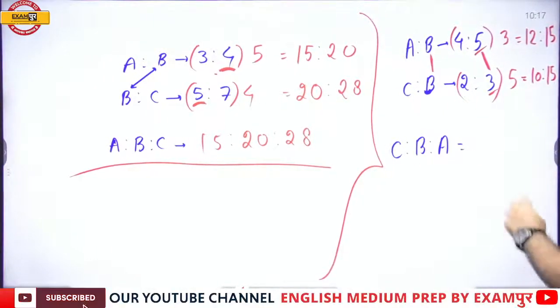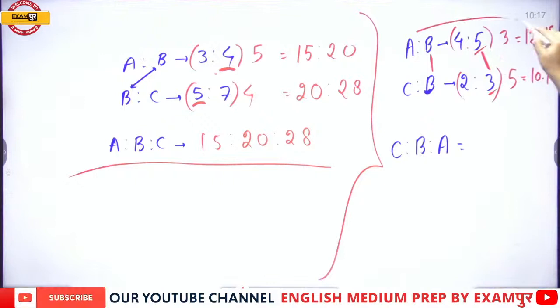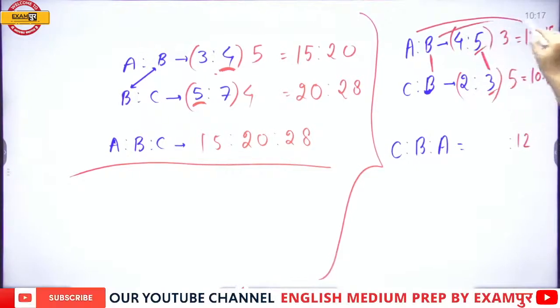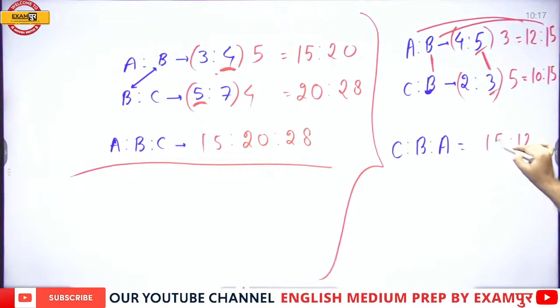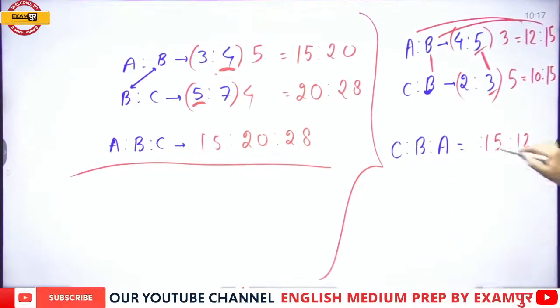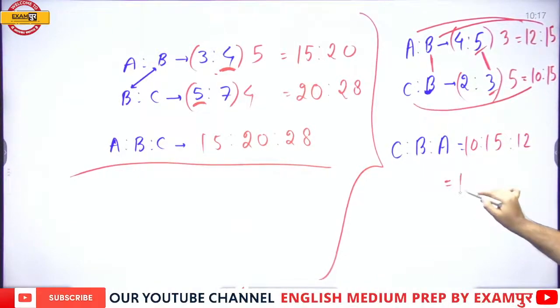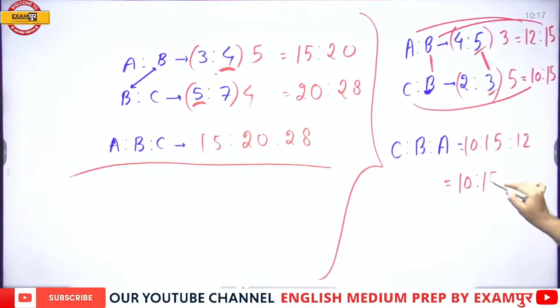So A is 12, B is 15, and C is 10. So the ratio CBA is 10 ratio 15 ratio 12.